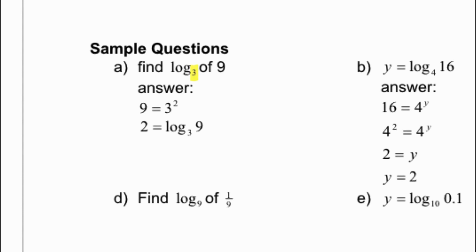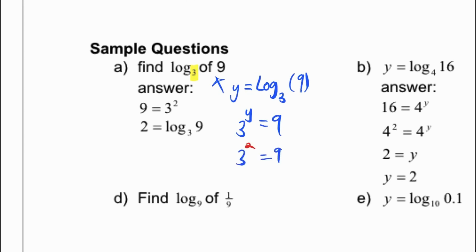The other way that this could be written is this. Y equals log base 3 of 9. So translating this into notation that you're more familiar with, 3 is our base. So what exponent y produces a 9? And the answer is 2. 3 squared equals 9. So our y value is equal to 2.